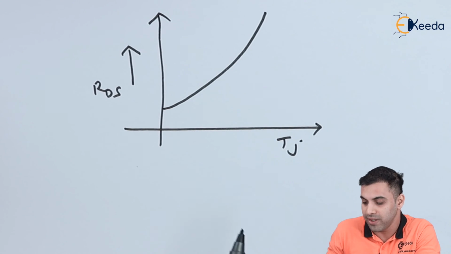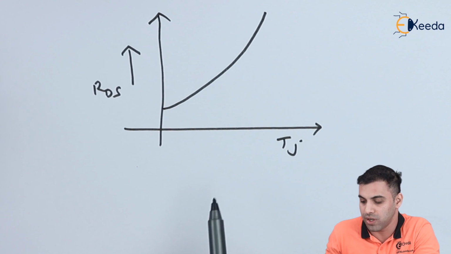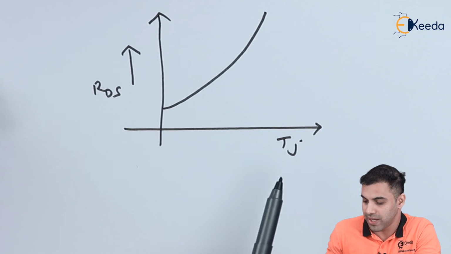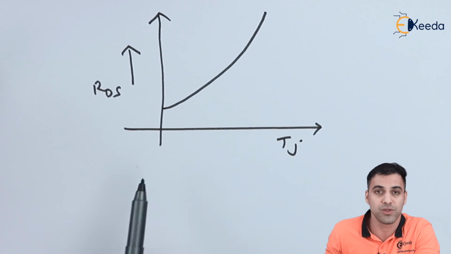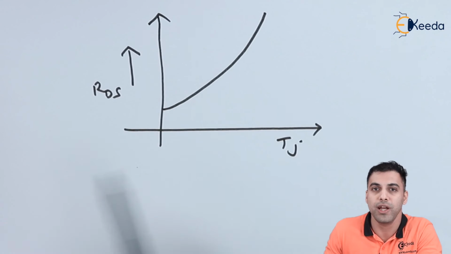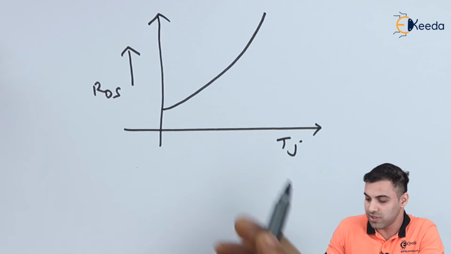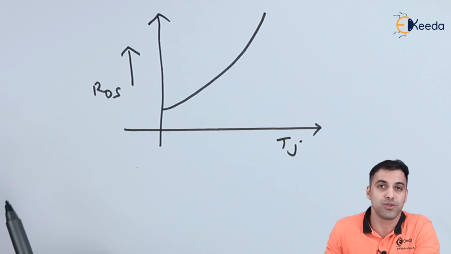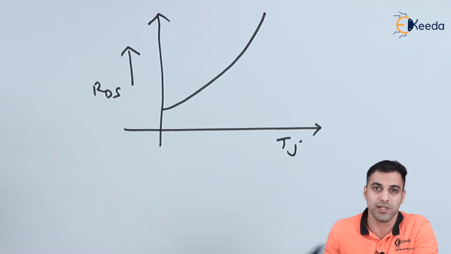So here you can see friend, it is pretty much similar to the drain source resistance with respect to the drain current. However, in the case of temperature versus drain source resistance, it is an absolutely non-linear curve. So this is how the drain source resistance varies with the junction temperature.